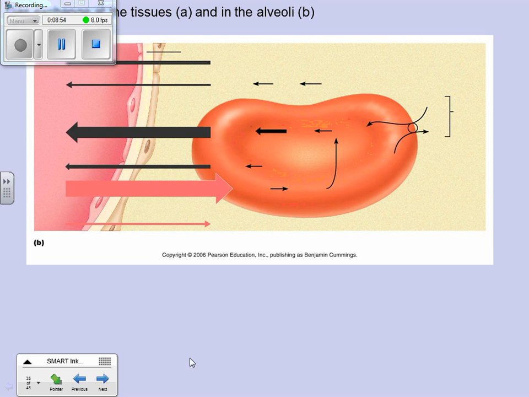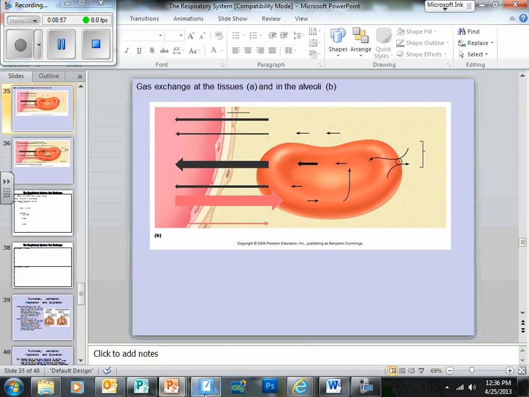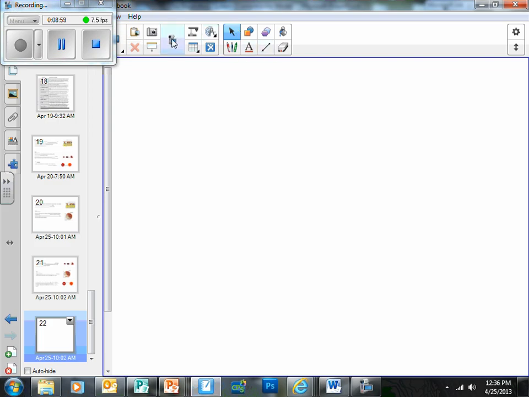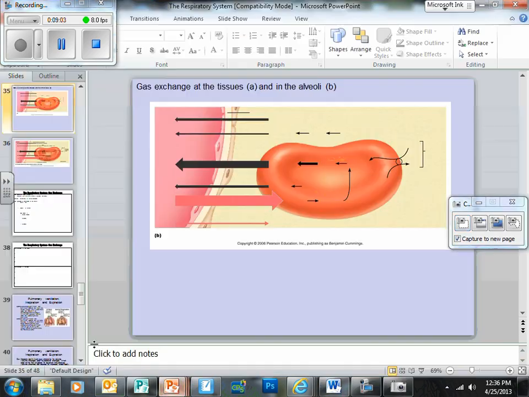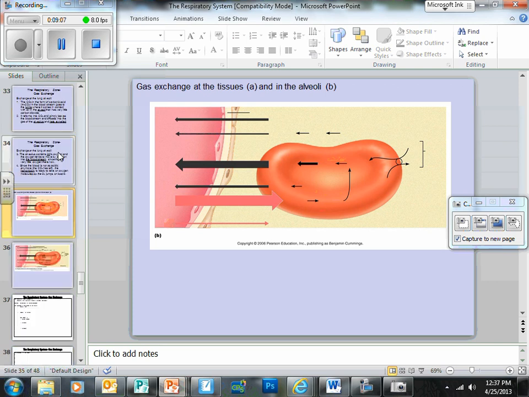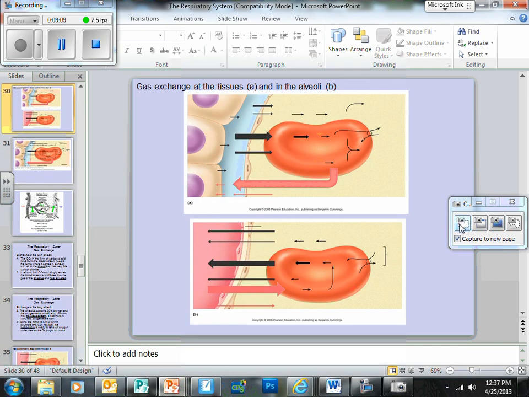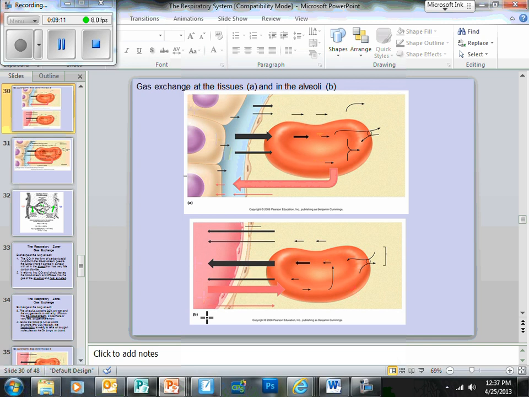Okay, so let's do this. So on your chart, you have a picture.